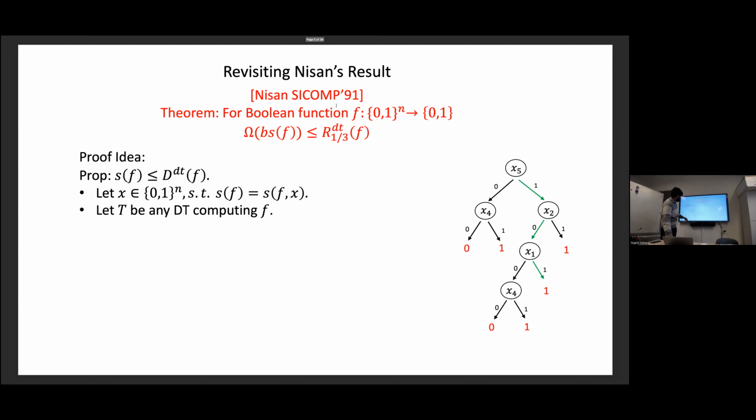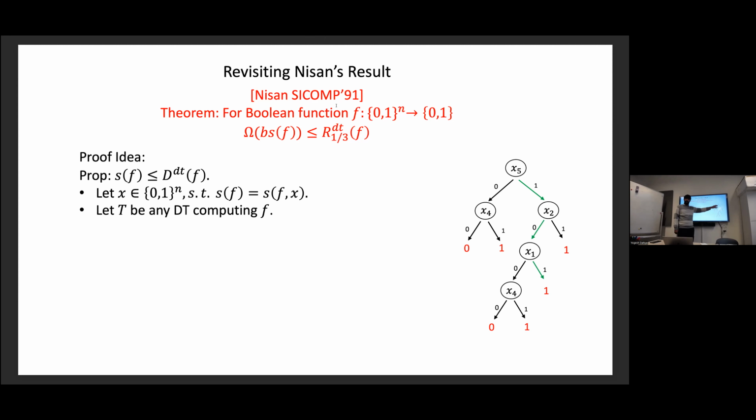Before we see that, I guess it's obvious that sensitivity will be a lower bound on deterministic depth. Let's say there's an input X with s many sensitive bits, and let's take any tree which computes your function, and on this input, let's take the root to leaf path.